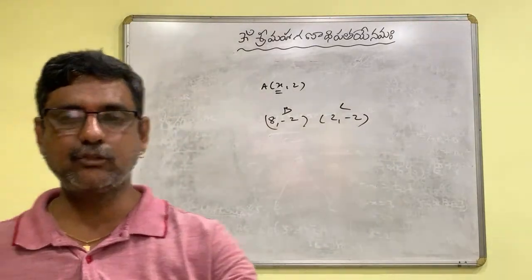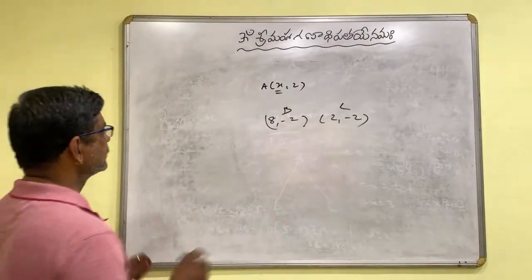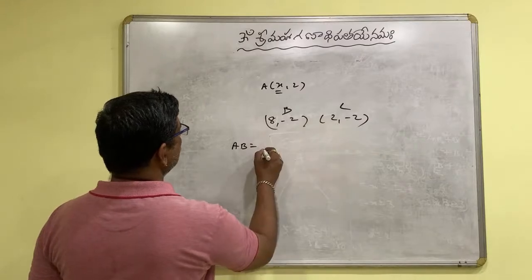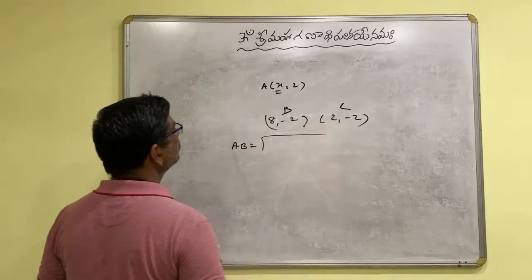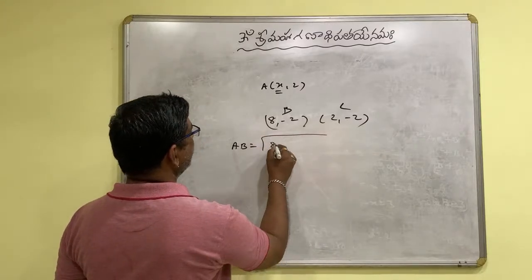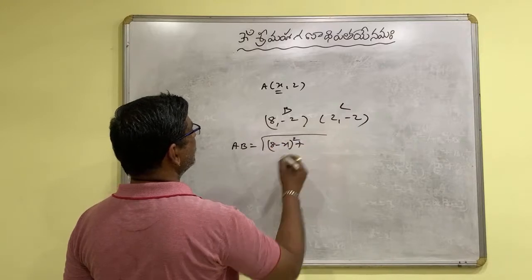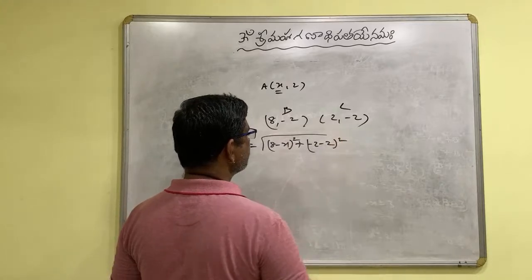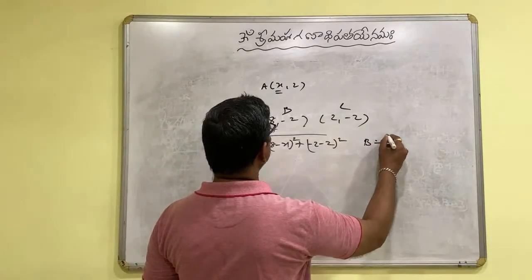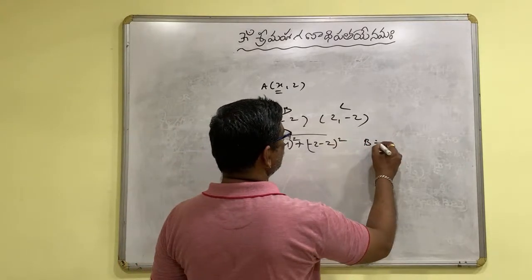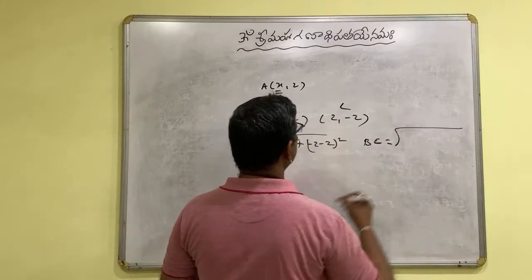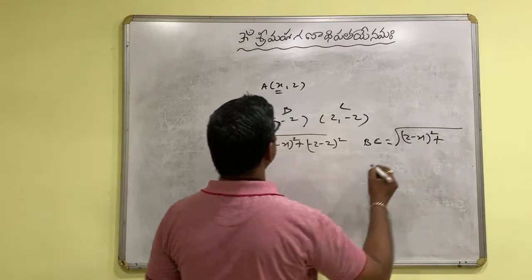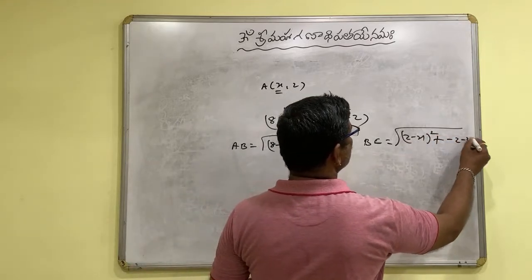AB distance: root over 8 minus x whole square plus minus 2 whole square. AC distance: root over 2 minus x whole square plus minus 2 whole square.